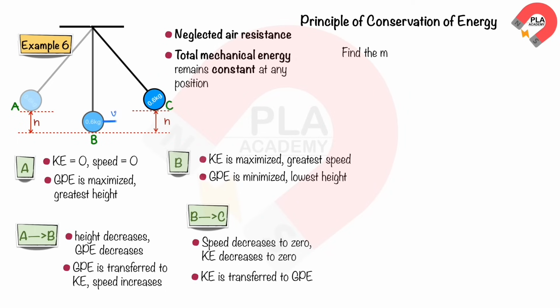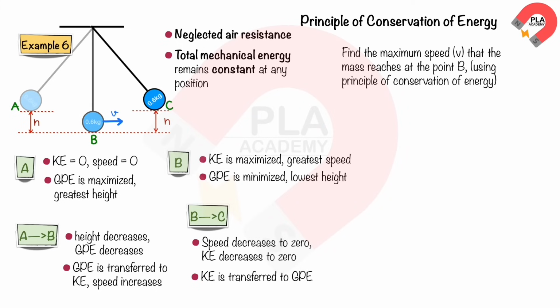To find the maximum speed, v, that the mass reaches at point B, we can apply the principle of conservation of energy. Assuming a decrease in height from point A to point B of 0.1 meters, the decrease in gravitational potential energy is equal to the increase in kinetic energy.